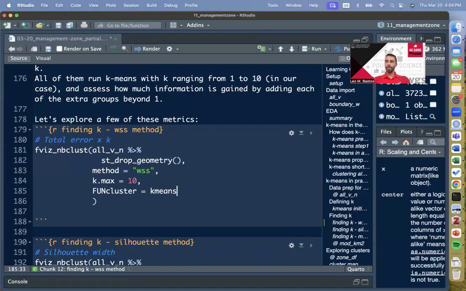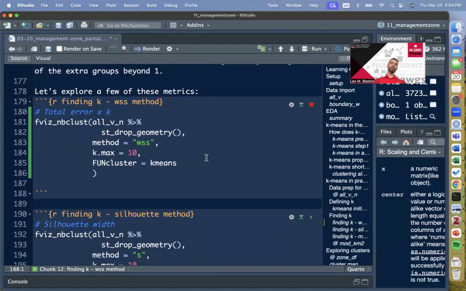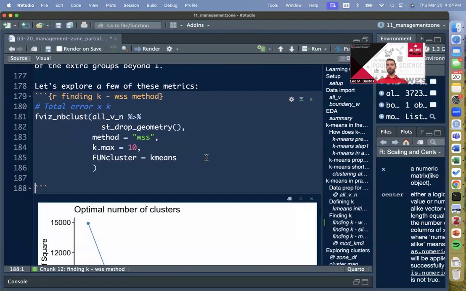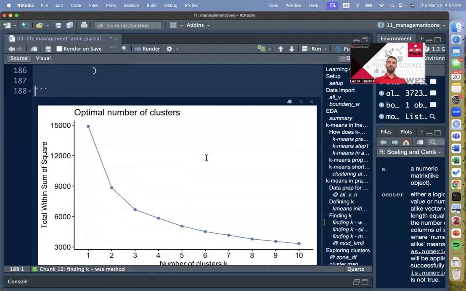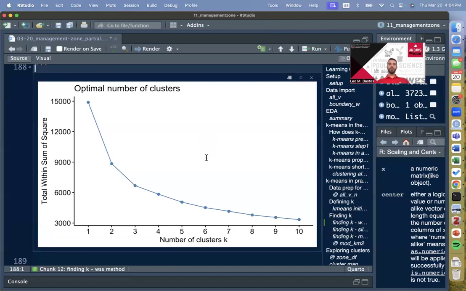So once you have this, you can go ahead and run it. It may take just a quick moment for it to go through because remember, it's running many models from K equals 1 until 10. And then it gives you this plot. So let's walk through what this plot is showing.